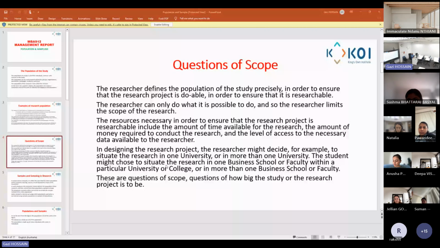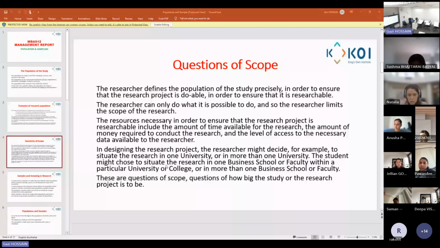But if it is not 55, it is 55,000 or 550,000, or 5 million, or say 50 million or 3 billion, in this case we can't go for the entire population. We need to go with some part, which is the sample.